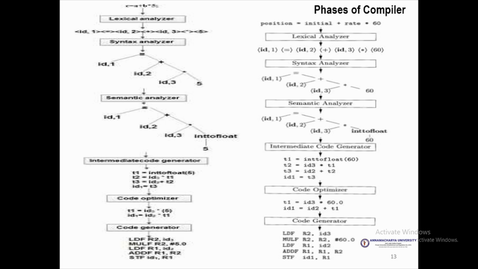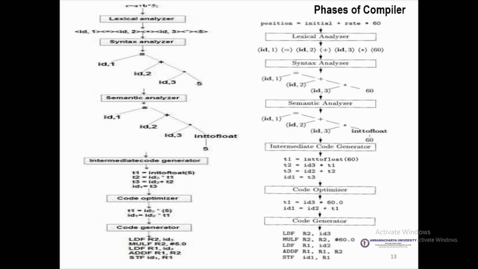The next phase is called the intermediate code generator, and the intermediate code appears like this. T1 and so on: four three address statements are generated by the intermediate code generator. These three address codes consist of four statements and temporary variables.